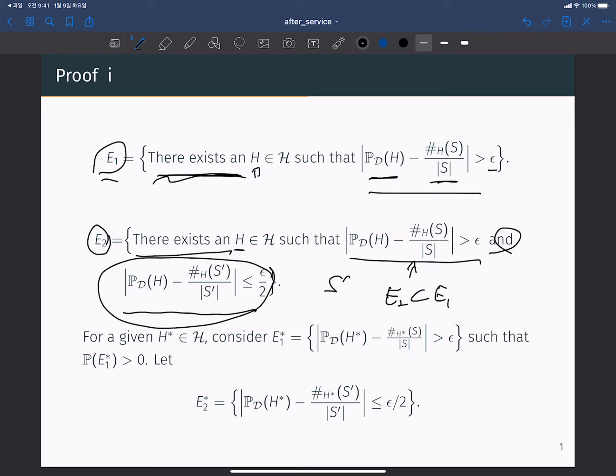So E1 star and E2 star are defined for a given H star. For a given single hypothesis, we define E1 star like this: the event that the given hypothesis has at least epsilon difference between training and test error.